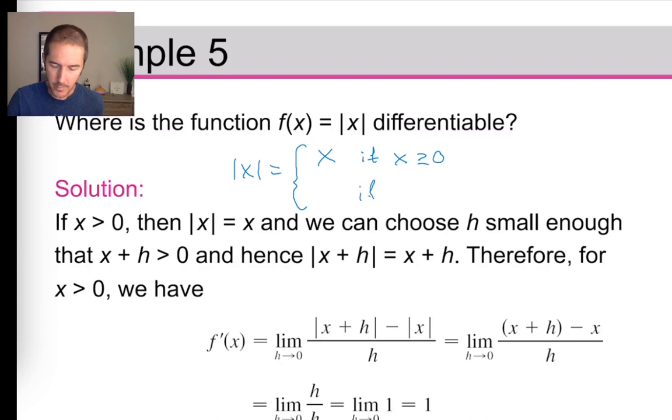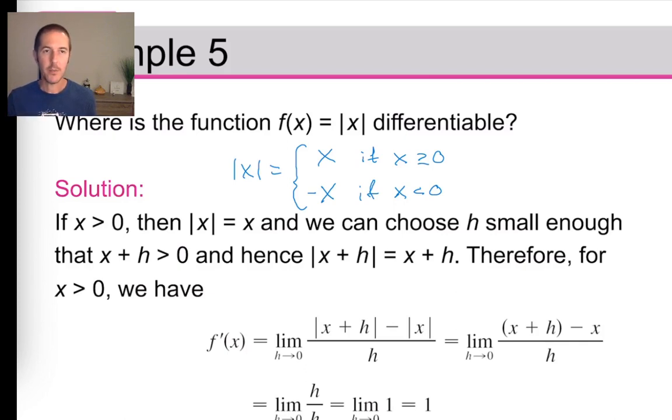But if the x value that you plug in is less than 0, for example, what's the absolute value of -3? The answer is +3. Well, how did you change a -3 into a +3? I negated it again. I took the opposite of it. So if your x value is less than 0, then your absolute value function is going to return the opposite of your input value.